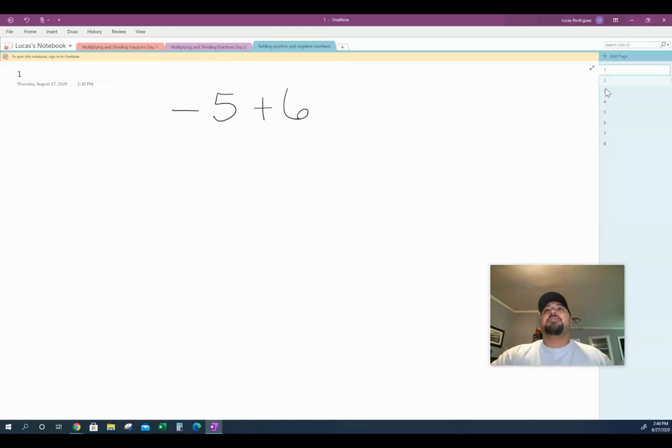All my examples up. Okay, so this is going to be our first example. Now, when you think about adding positive and negative numbers, you really need to think about, as one teacher put it, war. Okay, so what's really happening is I have two opposing teams.